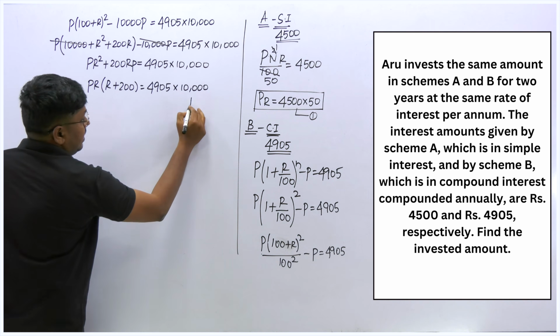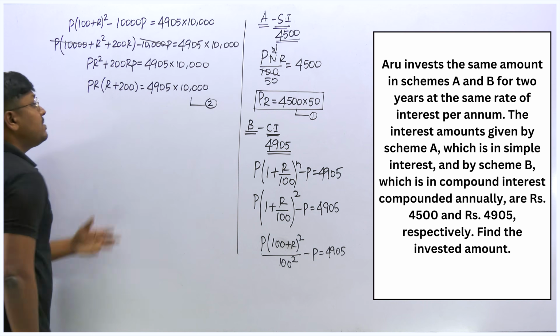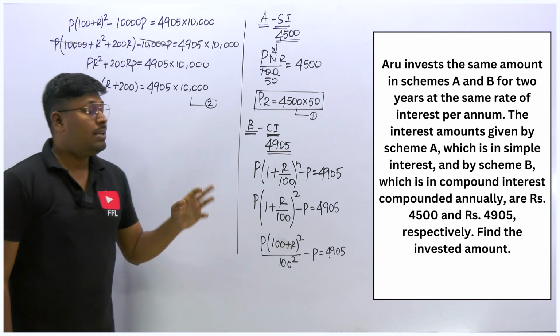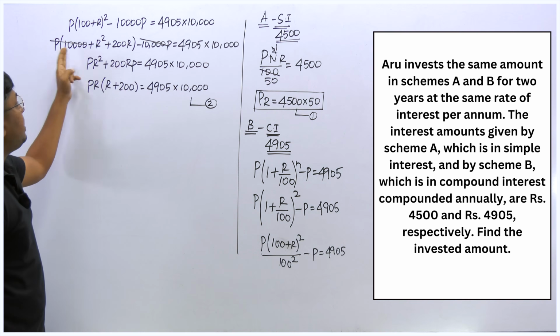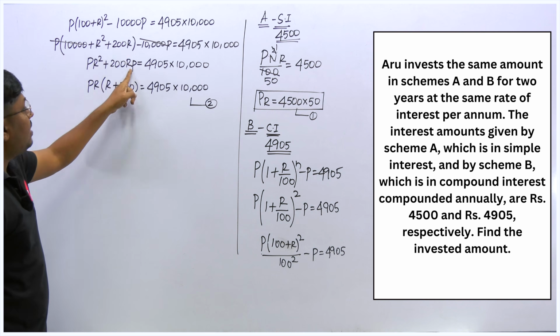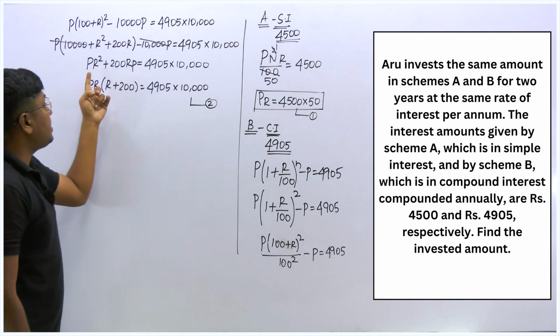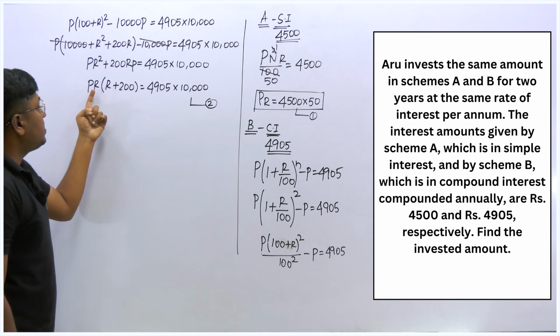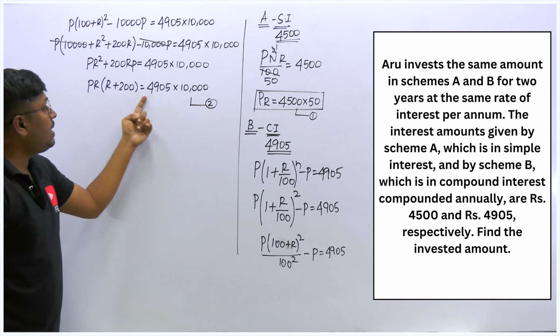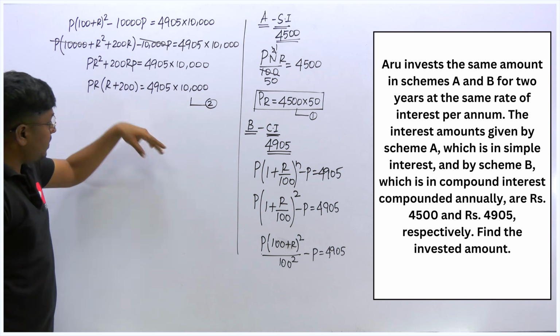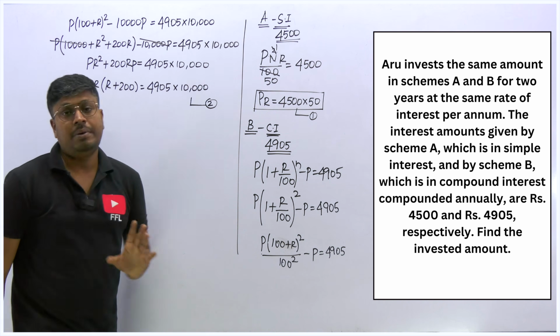So friends, finally this will be the second equation because we can't simplify it further. So what we did is we have multiplied P inside all the three terms. Sorry, here I forgot to multiply P. At last I have multiplied P here. In both the expressions we have PR and PR. So I have taken PR outside. So remaining equation, if you can further simplify it, or else you can keep the equation as it is.